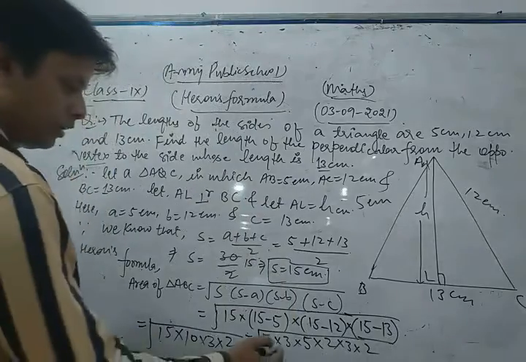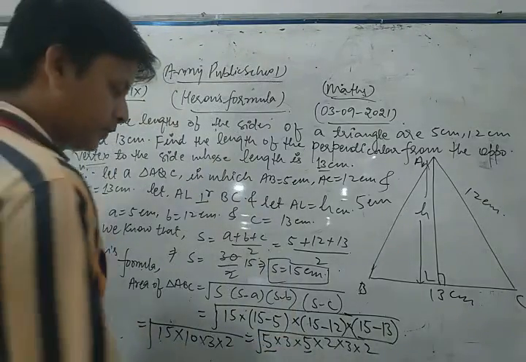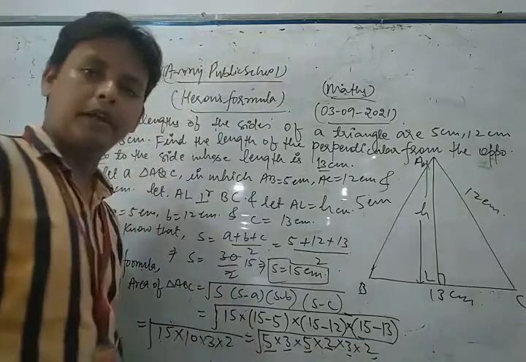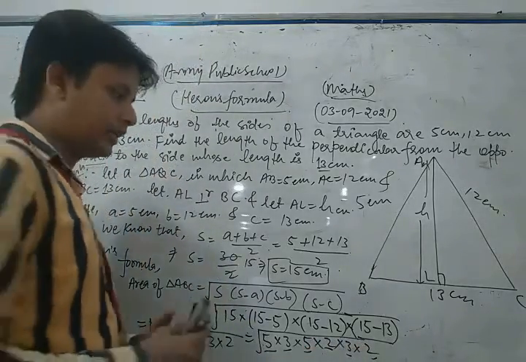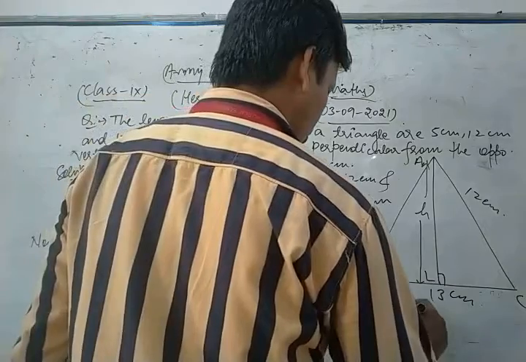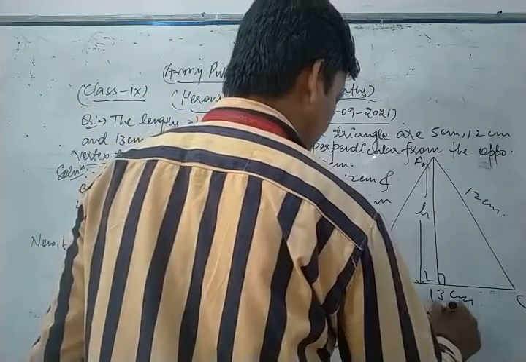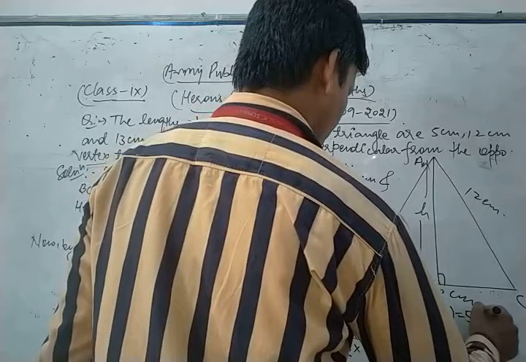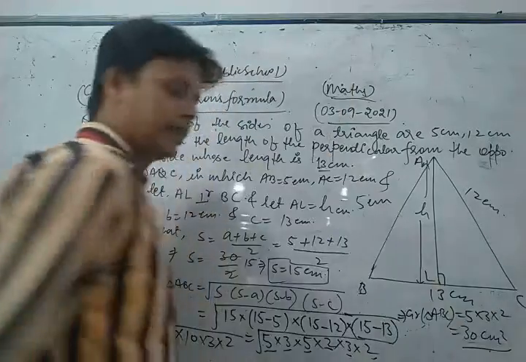Now look, 5 is in pair, 3 also in pair, 2 also in pair. So we take common out from the sets. So area of triangle ABC is equal to 5 into 3 into 2, this is 30 centimeter square.